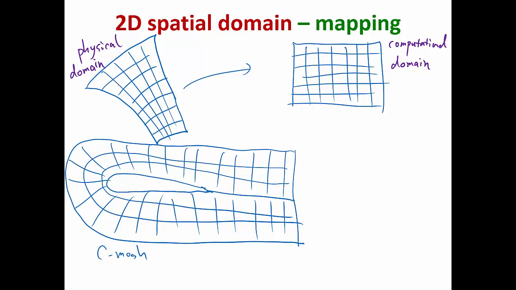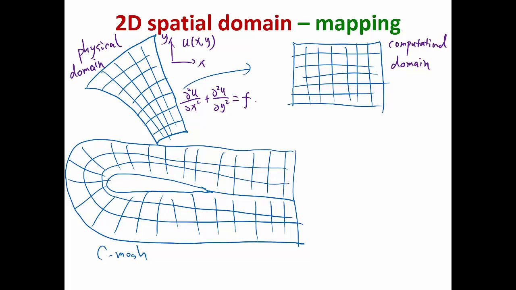domain? So let's say the coordinates on the physical domain are x and y, and I have a solution u of x and y that satisfies a certain differential equation. Let me just assume for right now the differential equation is the two-dimensional Poisson's equation: second order derivative in x plus second order derivative in y equals a certain given f.